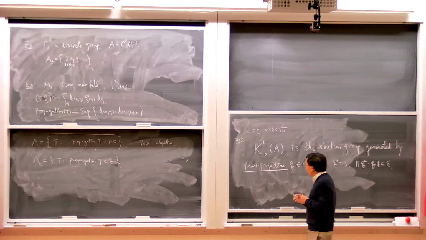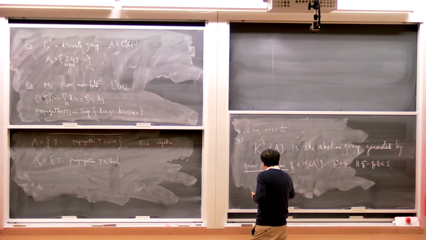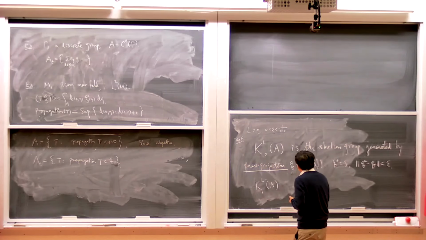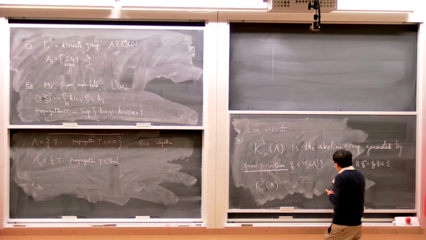Okay. And similarly, we can define K_1^L. Okay, so, well, instead of unitary, you can require it to be quasi-unitary.